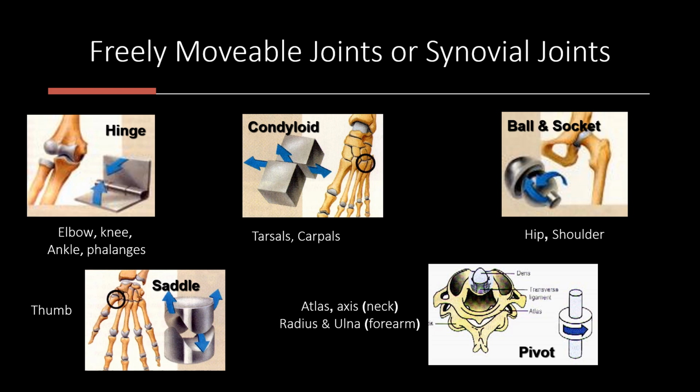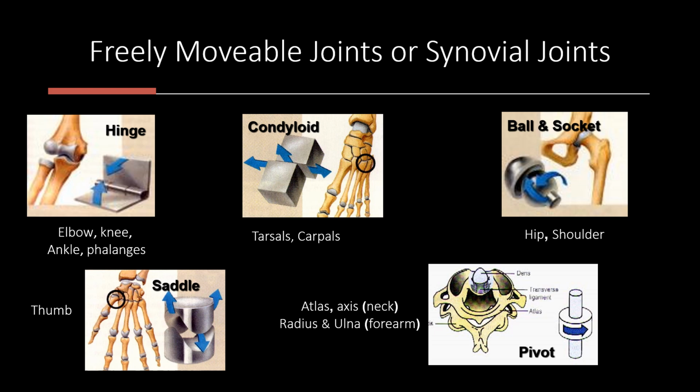We need to know about their movements and examples of which they are. So the hinge, this is where the bone moves towards the body or away from it. So just 2 movements, a hinge joint, and that happens at the elbow, the knee, the ankle, and the phalanges, either the fingers or toes.